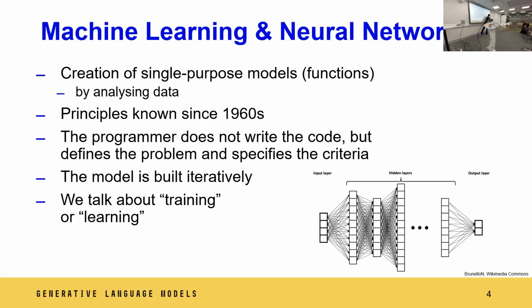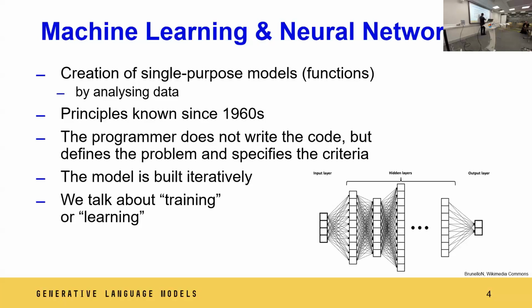So one of the possible structures of an artificial neural network looks like this. It's called a multi-layer perceptron, and there is one input layer. The input is always a vector of numbers, a sequence of numbers, as is the output. Behind it there are hidden layers of neurons.